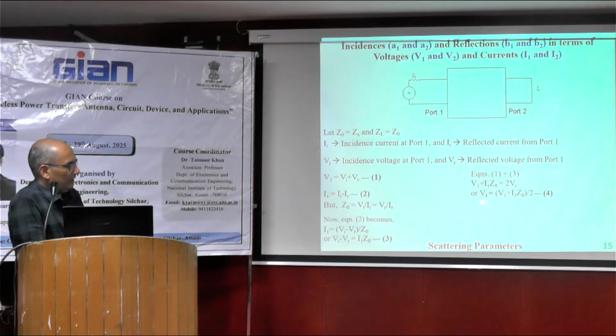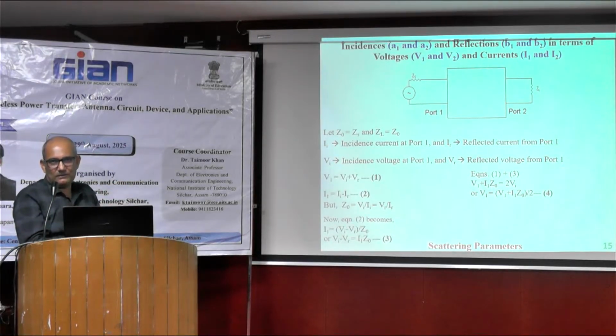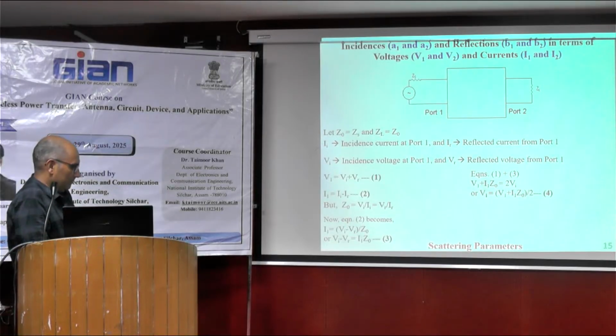Then you can easily calculate Vi, the incidence, in terms of the supply parameters V1 and I1, which are available to you. You have derived the incidence in terms of the source parameters, and do the same process by taking the difference of these two equations, and you will get VR equal to this.